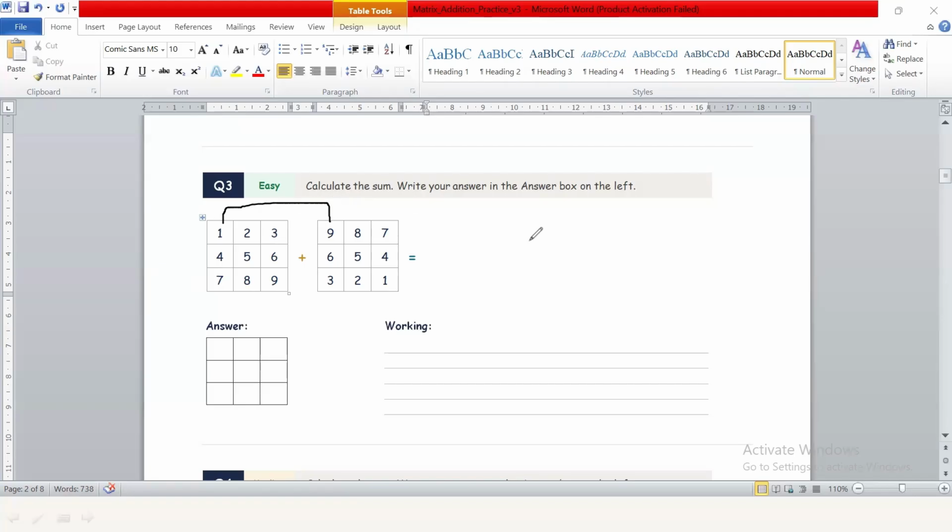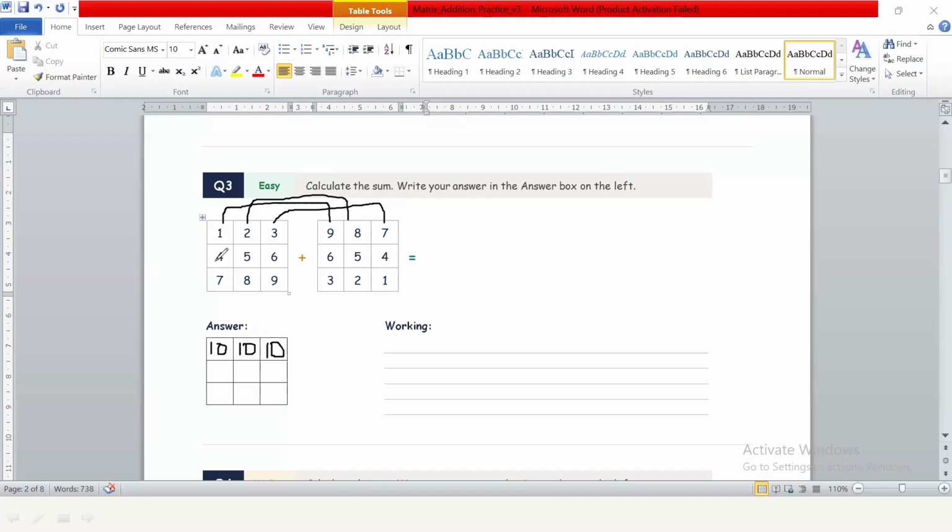This is 1 adding 9, and that should give us 10. Then we do the same thing for the next value. We have 2 adding 8, which equally gives us 10. Go to the next one. We have 3 adding 7. That should give us 10 as well.